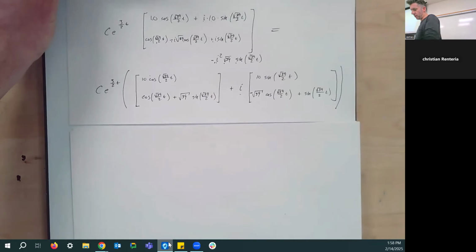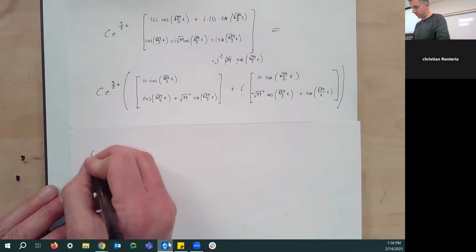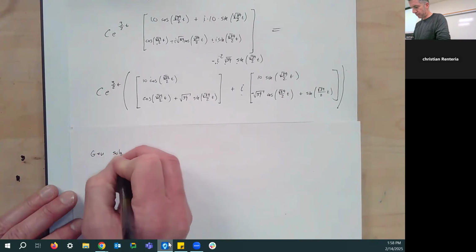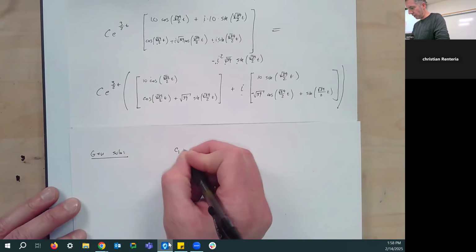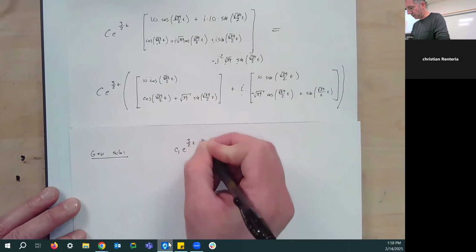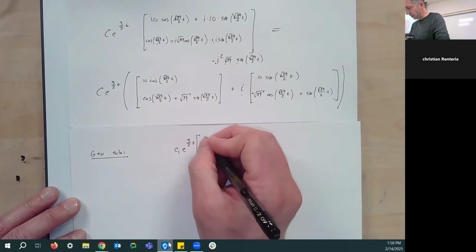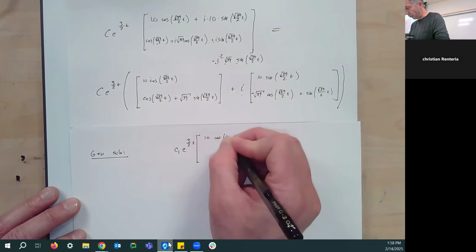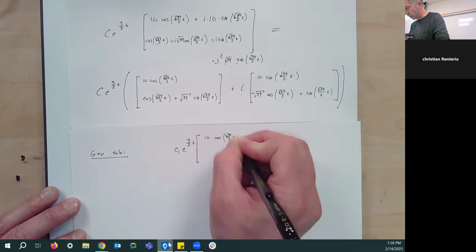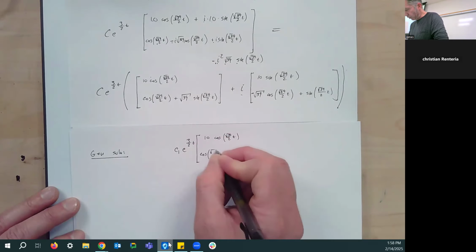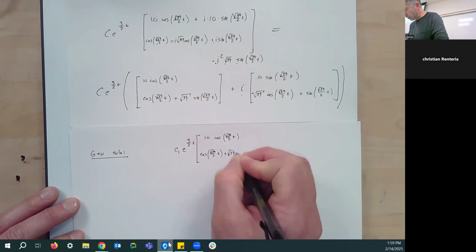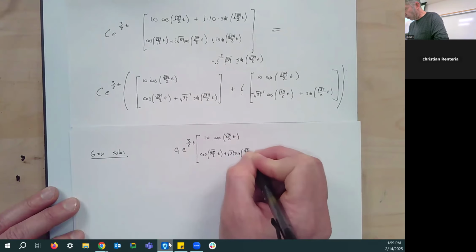So we're going to say that our general solution is going to be c1 e to the 3 halves t times this first gross vector, 10 cosine of root 39 over 2t. And the second component is cosine of root 39 over 2t plus root 39 times sine of root 39 over 2t.